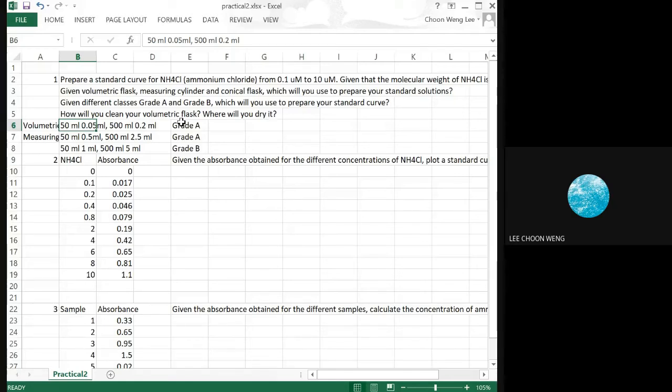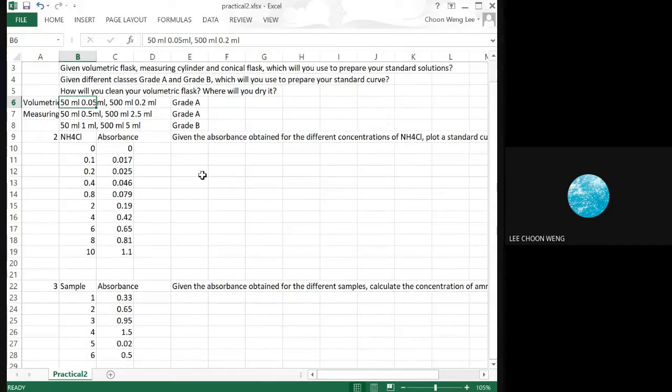In the quality control certification, it will be written there the accuracy, plus minus how many mL. So you can refer to the certificate to have confidence in the glassware that you are using. Okay, so let's go to the next one.